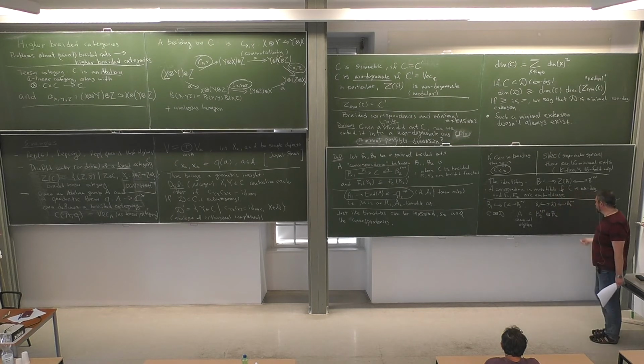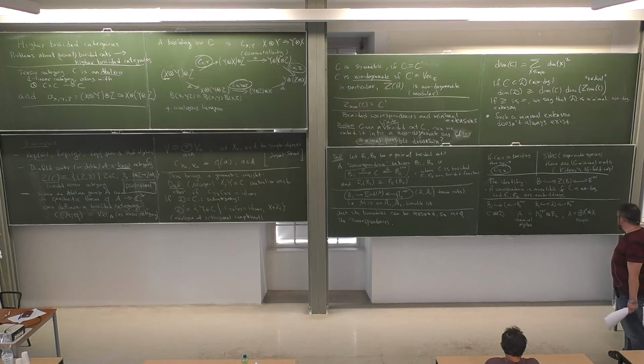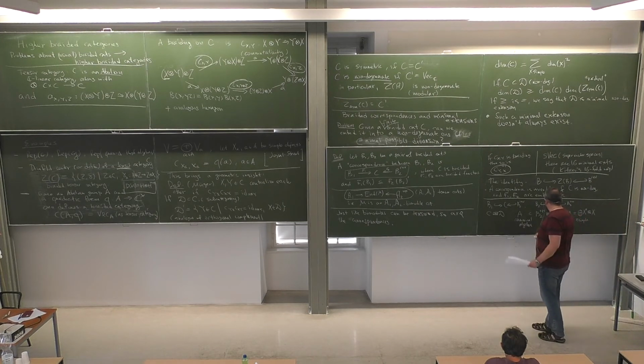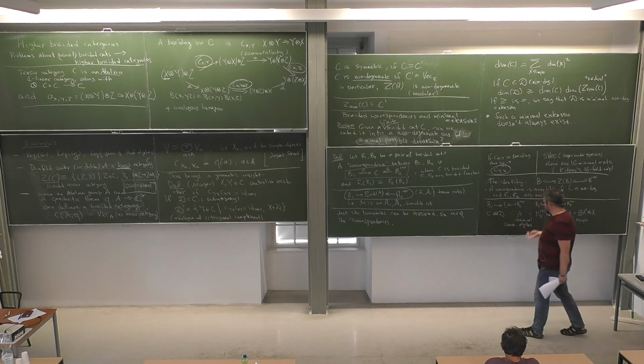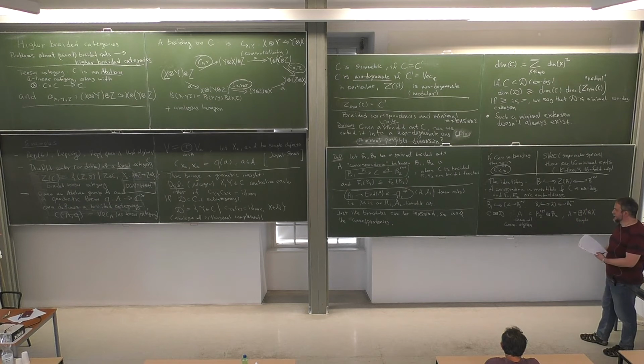And in the semi-simple case, this is just the sum over the simple objects. This is canonical. In the non-semi-simple case, that's a certain integral. Now, with respect to this, this is in fact a commutative algebra in the sense of braided category theory.